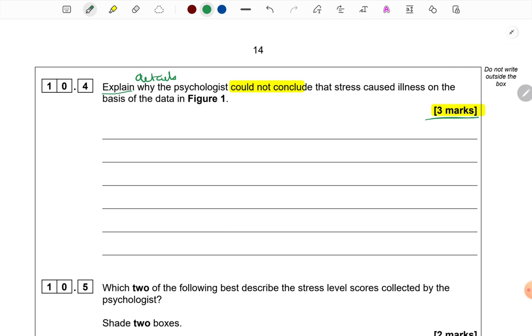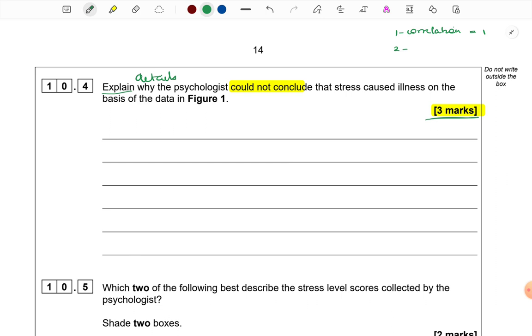The answer is very obvious if we had to give in one line, because the study is purely correlational. I'll get 1 mark for stating that. Next, I need to explain why we cannot, in this particular scenario, say that a conclusion of cause effect can be made. So, there are multiple ways of explaining this.